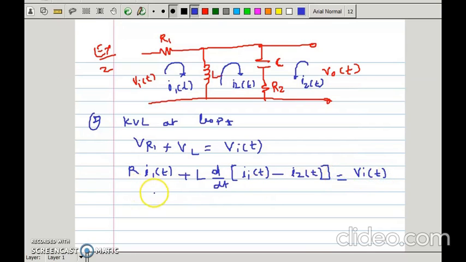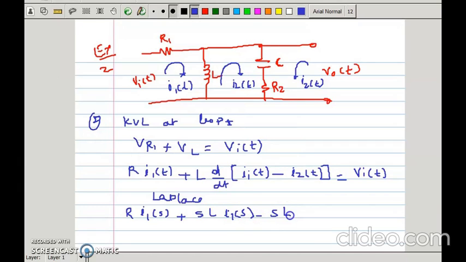Let's take the Laplace transform here. So the Laplace becomes R I1 of s plus L, and the Laplace of the derivative is s. Taking the multiplication, it is SL I1 of s minus SL I2 of s equal to Vi of s. What is common here? I1 is common, so let's take I1 outside. Inside, R1 plus SL.